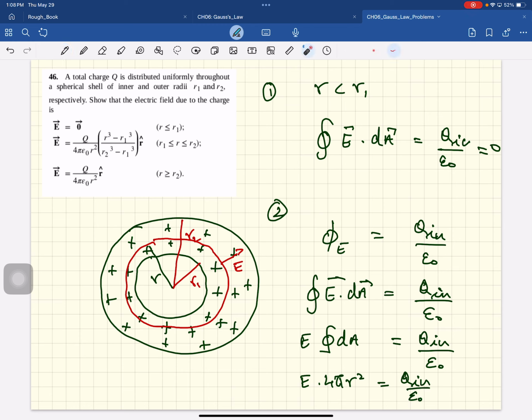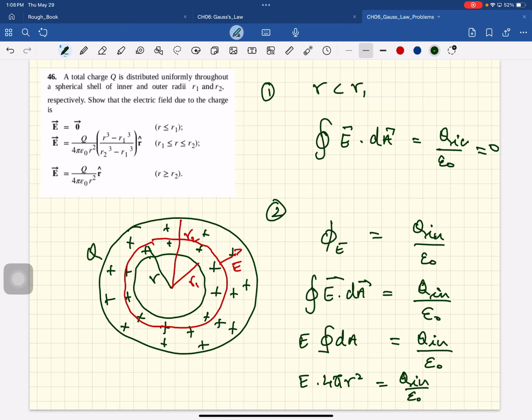What is Q inside? That's the charge here. How do we calculate that charge? The total charge is Q, and it's uniformly distributed, so we'll calculate the charge density, then multiply by this volume.